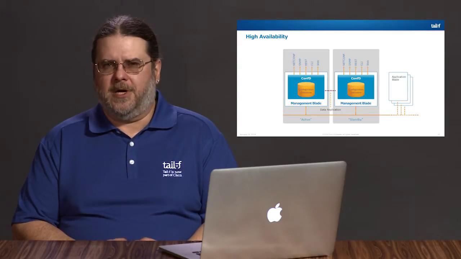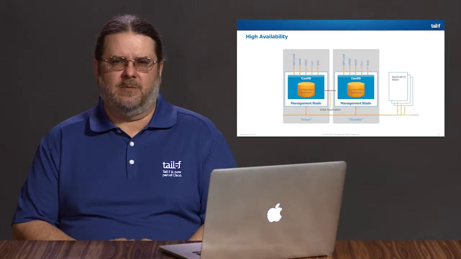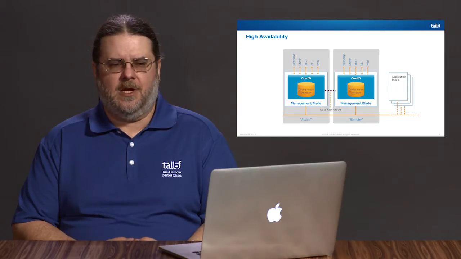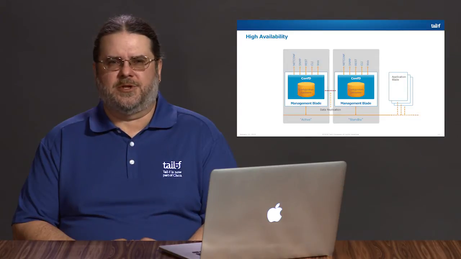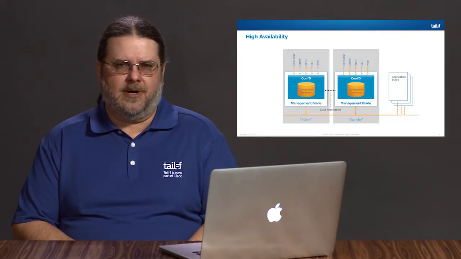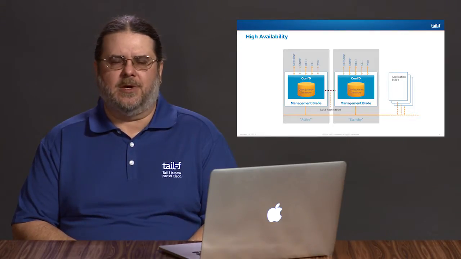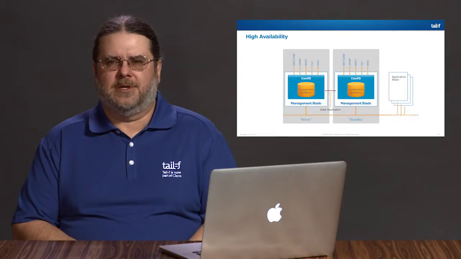Then there are also monitoring APIs so that your high availability middleware can monitor ConfD, and receive reports such as a new node joining the high availability cluster, or perhaps we've lost our heartbeat on the replication link, or lost a connection.